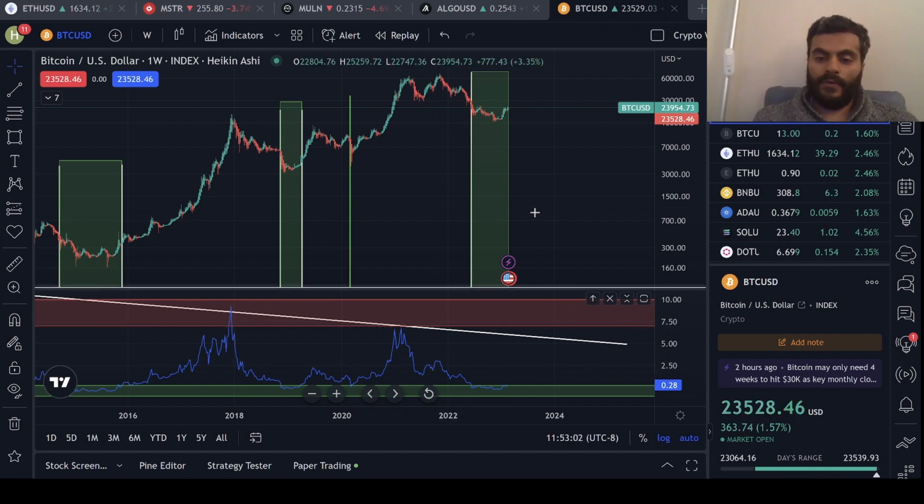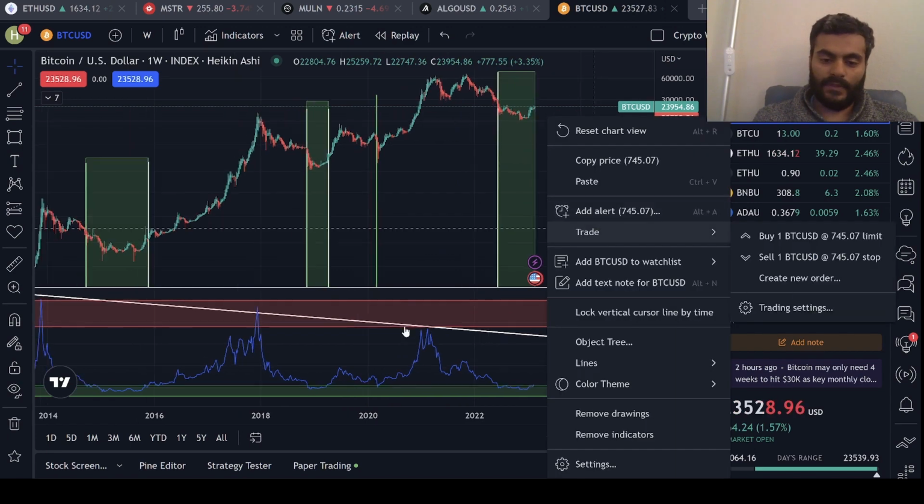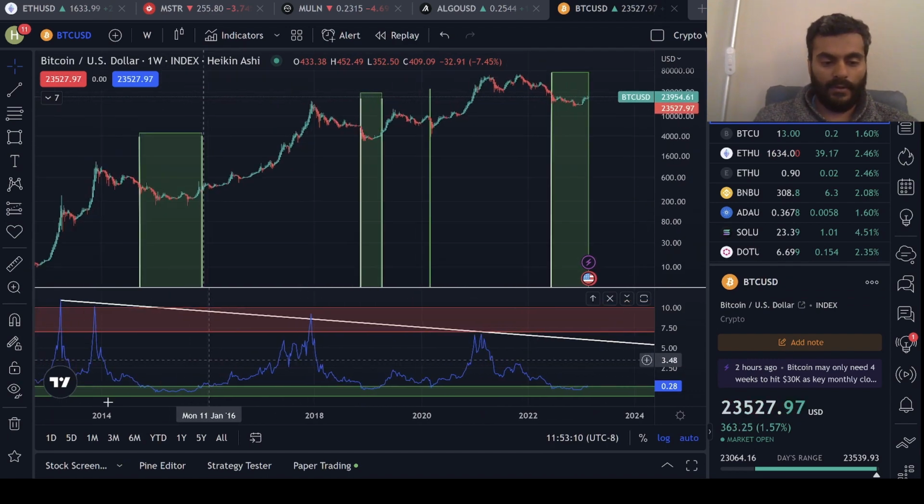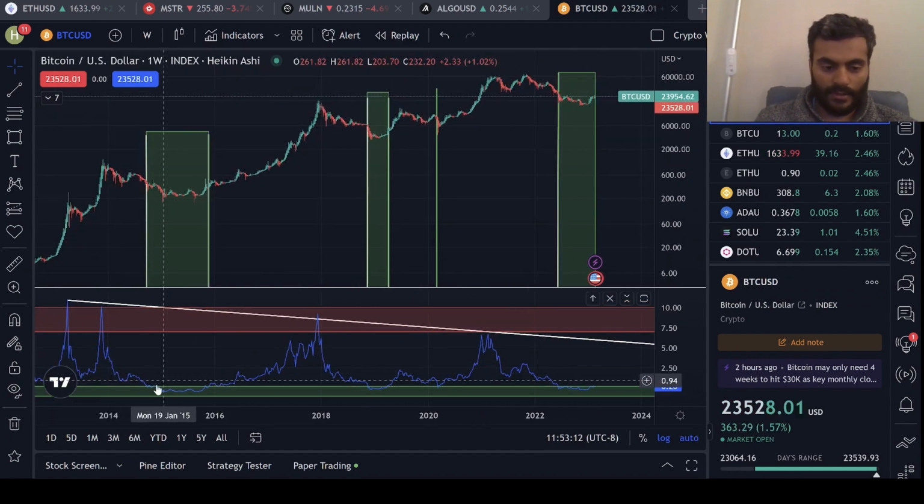But if you focus on the bottom part of the MVRV Z-Score rectangle, there is the green zone, and this coincides with an MVRV Z-score of less than 0.1 in Bitcoin.